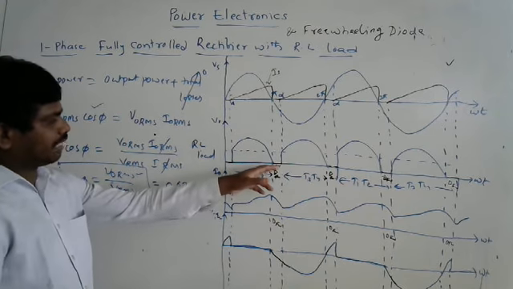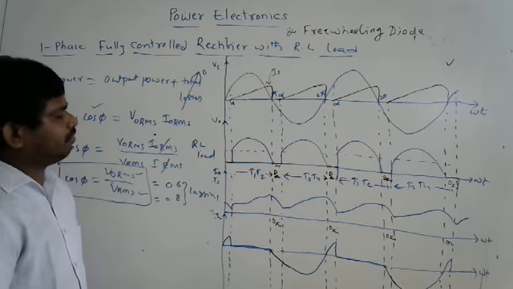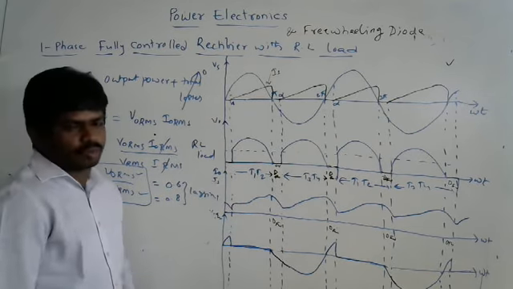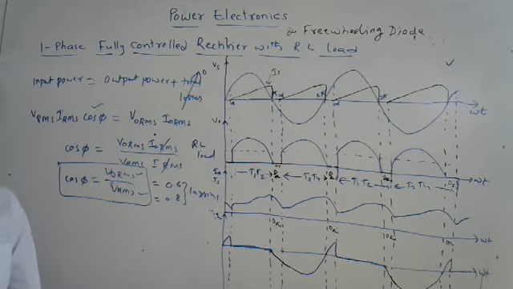So we clip this negative value by connecting one freewheeling diode. We are trying to boost up the output voltage, so the output power delivered to the load increases. Hence we can improve the efficiency of the entire system somewhat. That is the intention of placing the freewheeling diode.